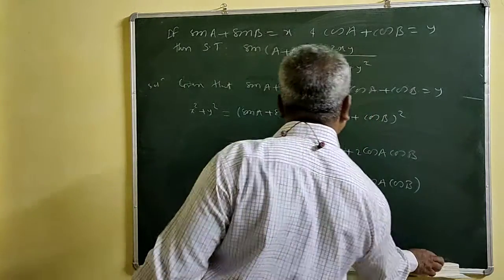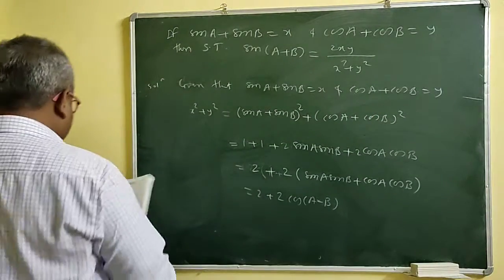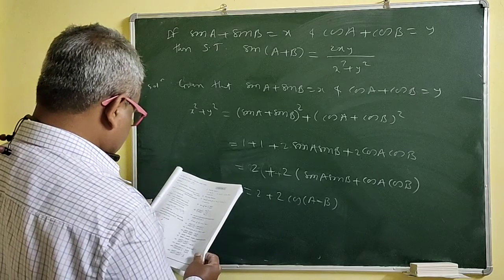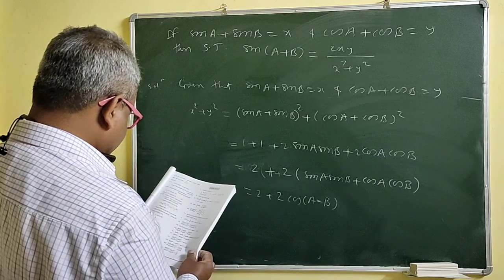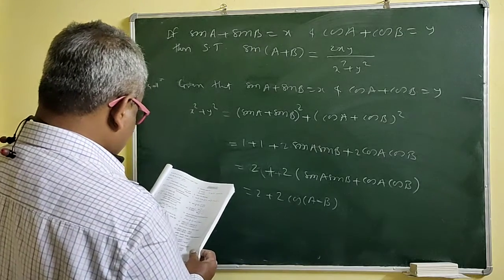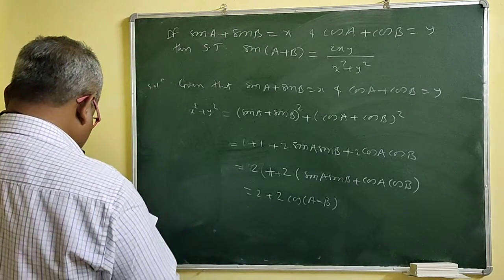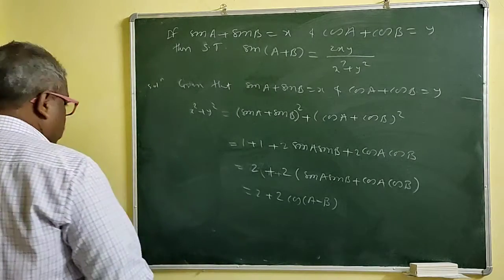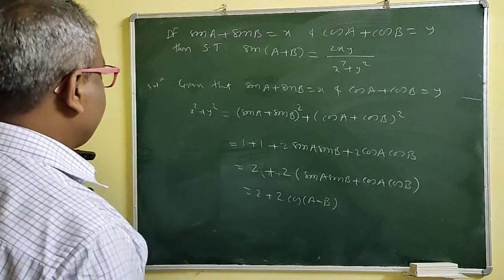So what we want? Twice xy upon x square plus y square, is it correct? Okay.